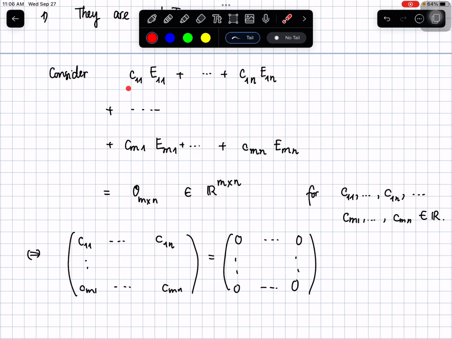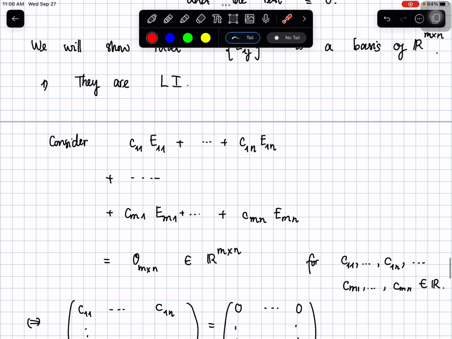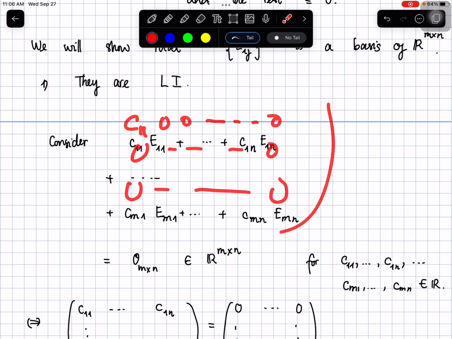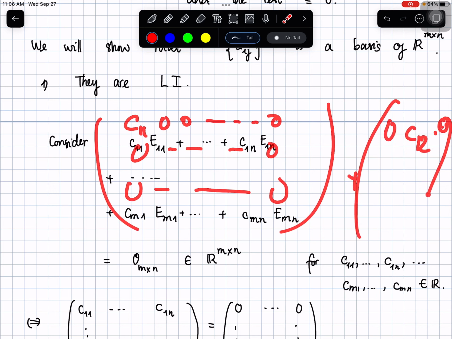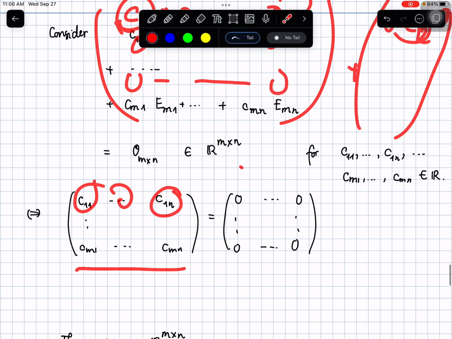Right, because in the first term position 1 1 is 1 and the rest is 0, so it's c11 and 0 everywhere else, and then plus c12 and 0 everywhere else, and you just take the sum. We have c11, c12, c13, and then c1n, and so on.